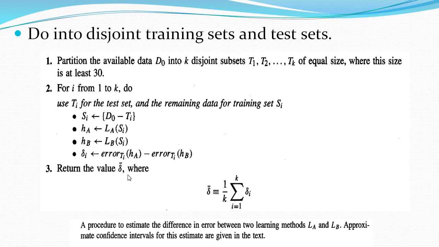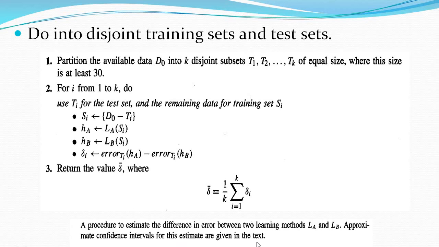Return the value of delta bar, which is the mean of all these error differences. This is a procedure to estimate the difference in error between the two learning methods, and confidence intervals for this estimate are given.